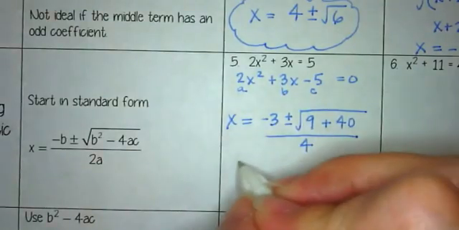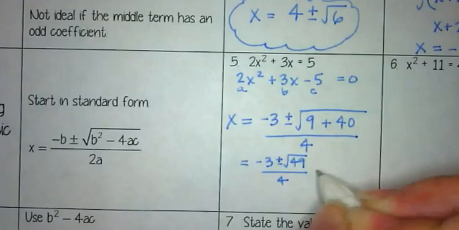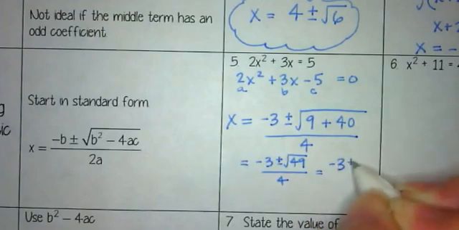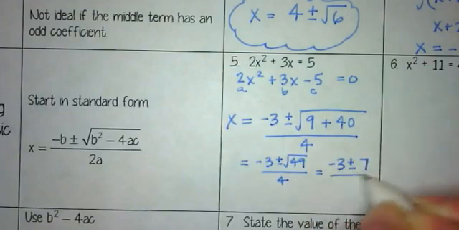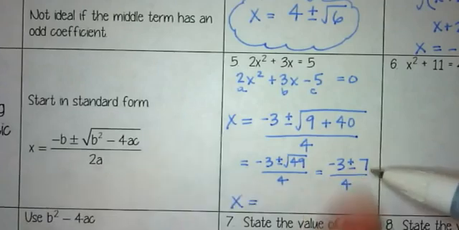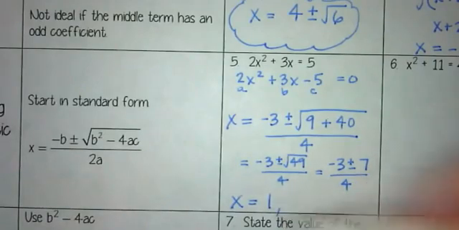So this looks like negative 3 plus or minus the square root of 49 over 4. But that means negative 3 plus or minus 7 over 4. So now we can work this one out. If we do negative 3 plus 7, that would be 4 over 4 is 1.